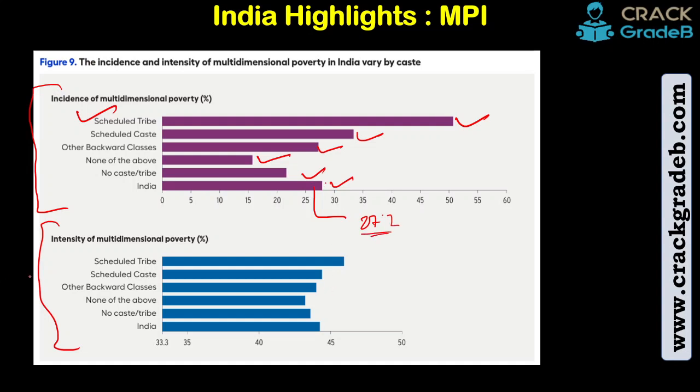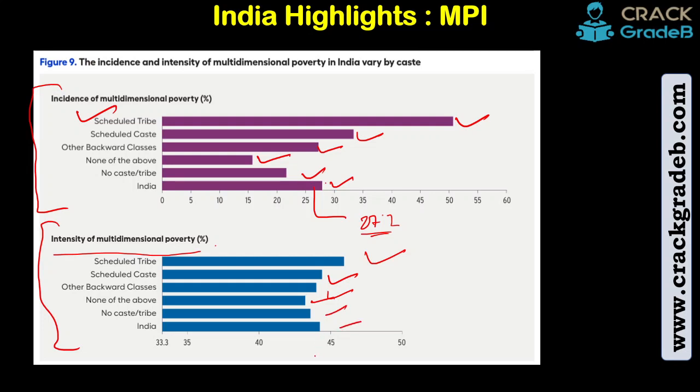Okay. Then intensity of multidimensional poverty. Okay, this was incidence. This is intensity. So you see again intensity as well. The scheduled tribe is deprived more, then scheduled caste, then other backward class, then none of the above, no caste. Then this is the national average, that is India.